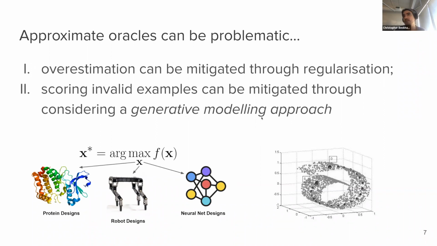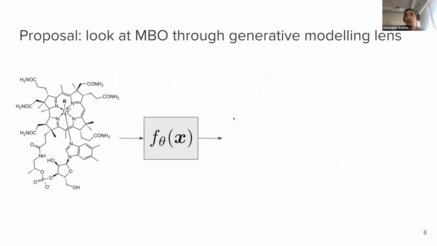And this is precisely what generative modeling is for. So I propose, and I'm not the first to propose generative modeling for MBO, but I'd like to think I've developed some ideas that might be useful, that one should really be looking at MBO through a generative modeling lens, not a discriminative model lens.